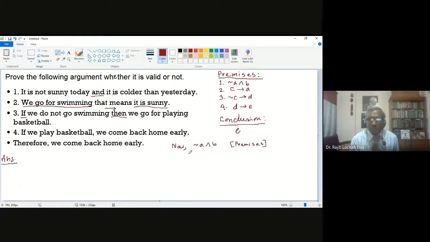Now we go to the next line. What is the next line? You can write equal to, not a problem. In the next line, you can include the second premise, that is number 2, or you can write something by simplification, if it is possible.